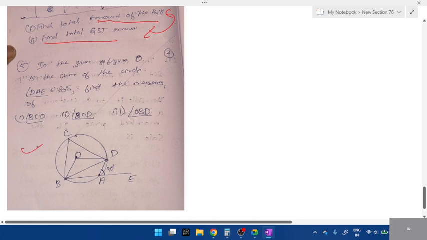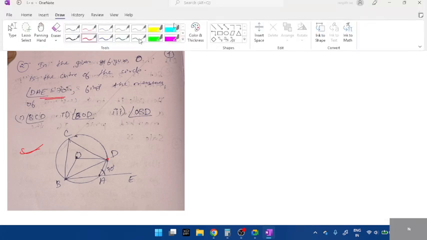They might give such questions, students, where you'll have a cyclic quadrilateral and an external angle. See, there's not much angle given, just 70 degrees.